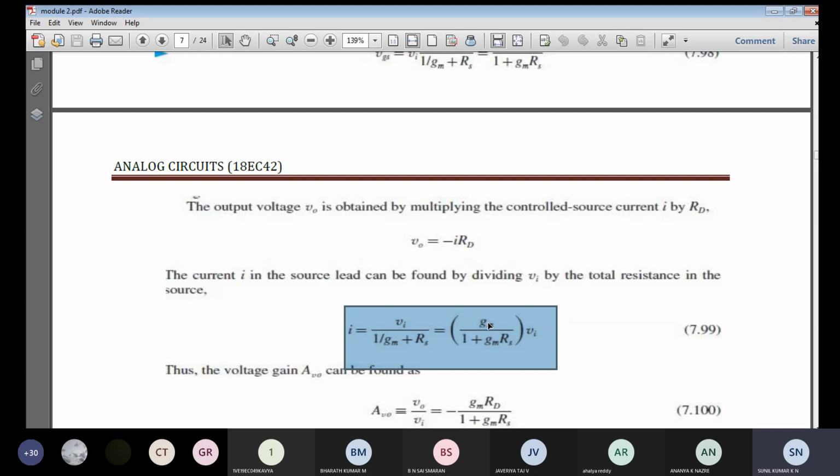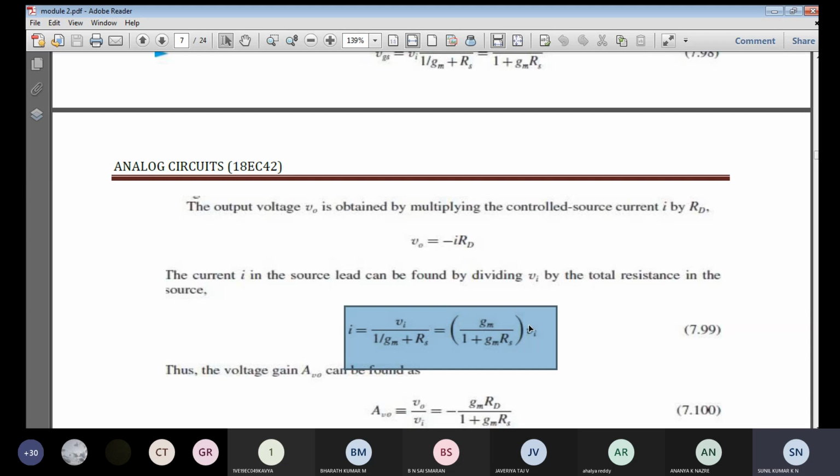That means the transconductance has been reduced by a factor of 1 plus Gm into Rs. So in this circuit, the inclusion of resistance in the source terminal reduces the overall transconductance.